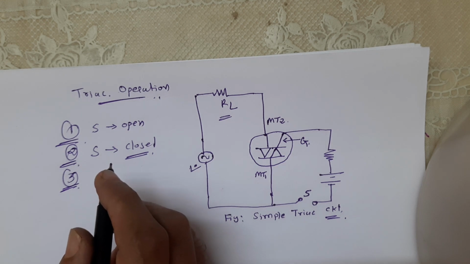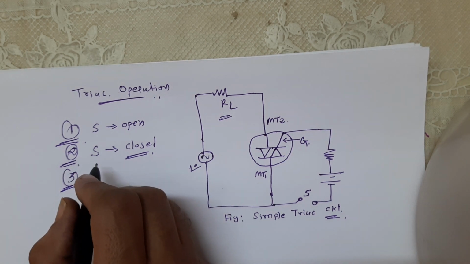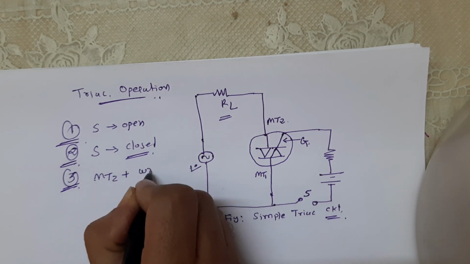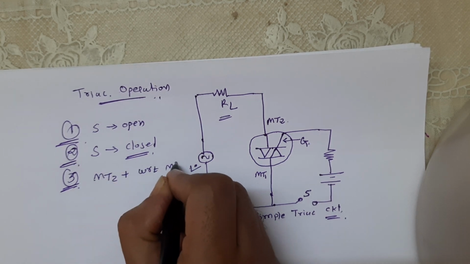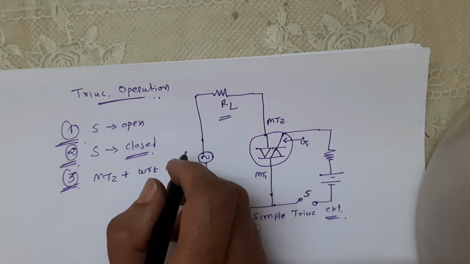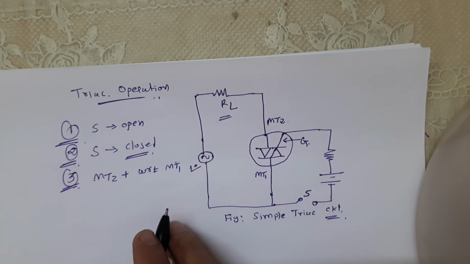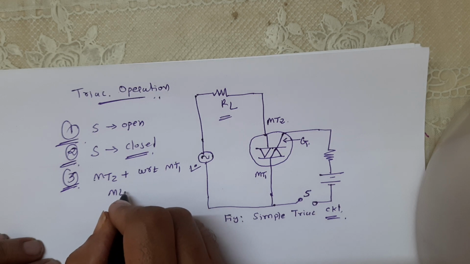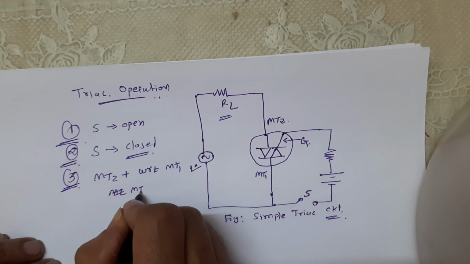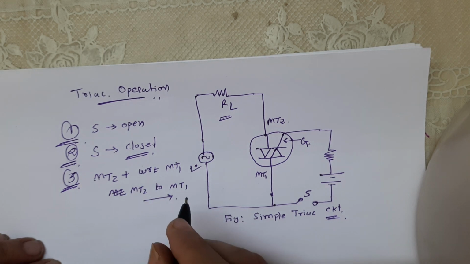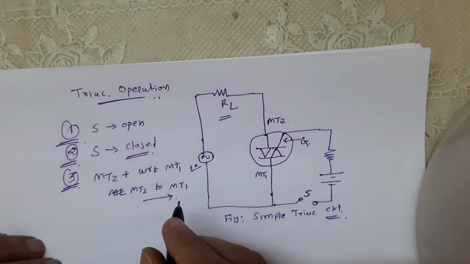Third, when the terminal MT2 is positive with respect to MT1, the triac turns on and the conventional current will flow from MT2 to MT1.